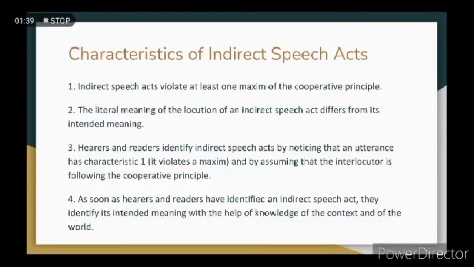Hearers and readers identify indirect speech acts by noticing that an utterance violates a maxim, and by assuming that the interlocutor is following the cooperative principle. Number 4. As soon as hearers and readers have identified an indirect speech act, they identify its intended meaning with the help of knowledge of the context and of the world.